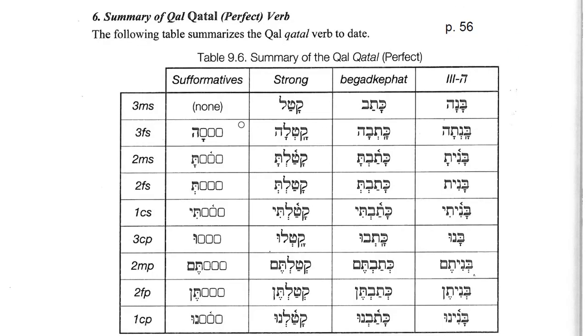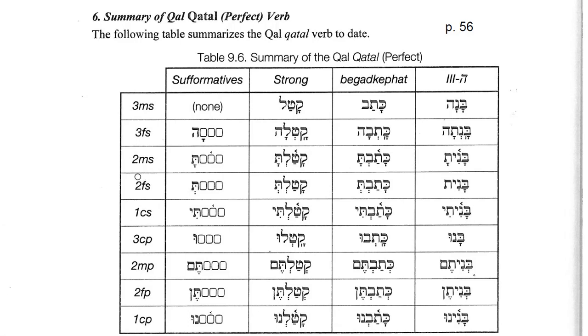So this is page 56 of the textbook. The Qal Qatal forms. Our rows cover person, so 3, 2, and 1, gender, masculine and feminine, and then common, and then number, singular or plural. So we have third masculine singular, third feminine singular, so he or she. Second masculine singular would be you masculine.